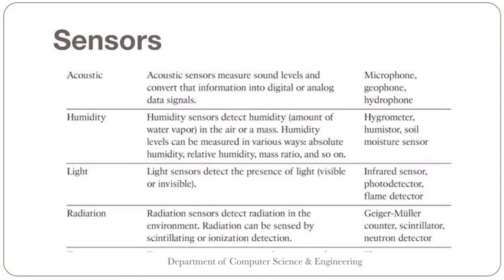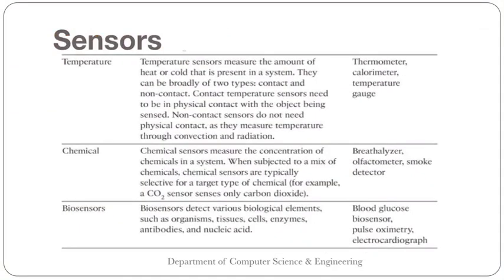Then radiation. Radiation sensors detect radiation in the environment. Radiation can be sensed by scintillation or ionization detection. So for this we have different sensors like Geiger-Muller counter, okay, scintillator. Those are some examples for radiation sensors. Then we have temperature sensors. Everyone knows a temperature sensor measures the amount of heat or cold present in a system.